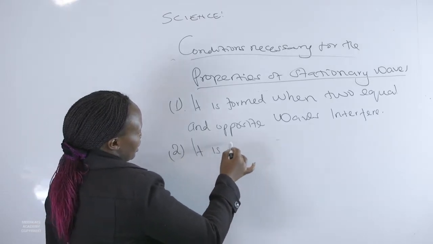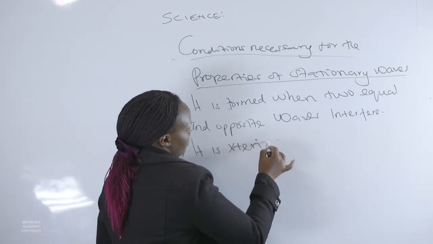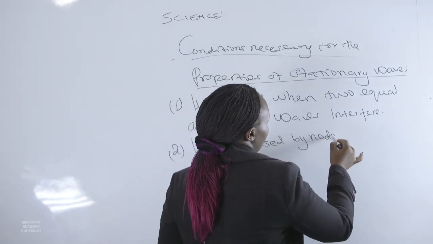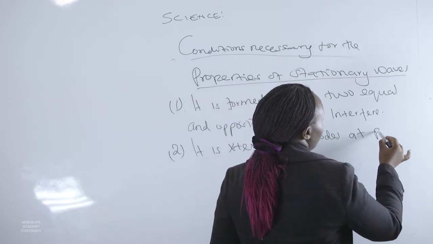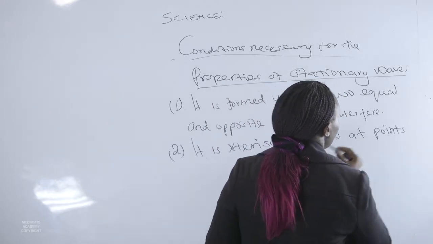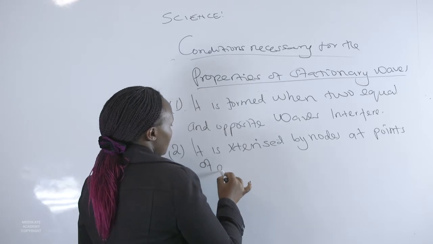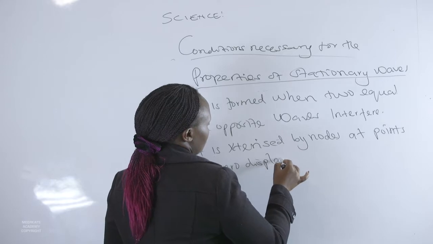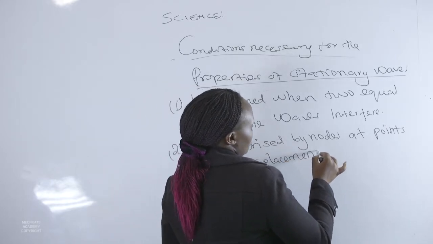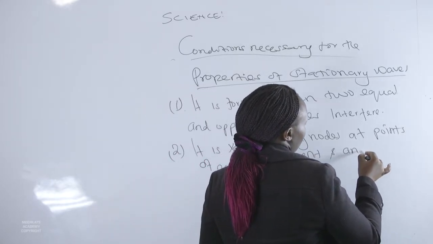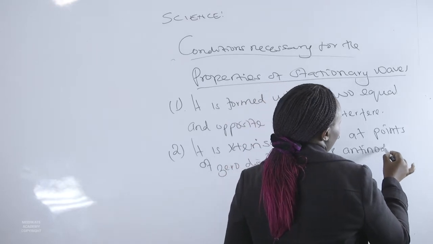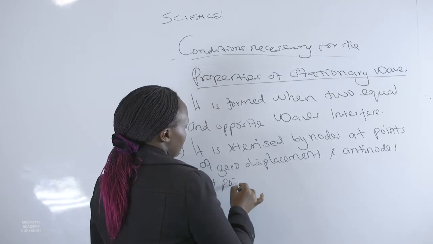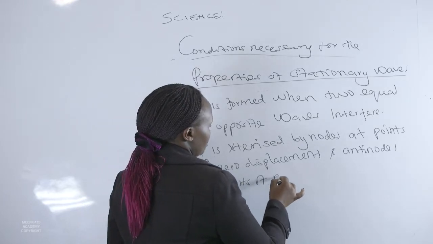Number two, it is characterized by nodes at points of zero displacement and antinodes at points of maximum displacement.